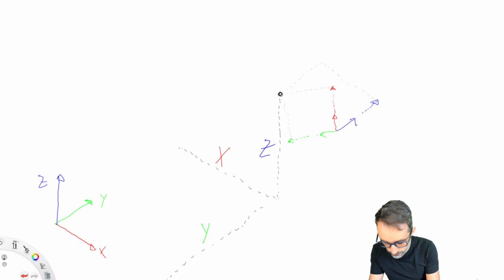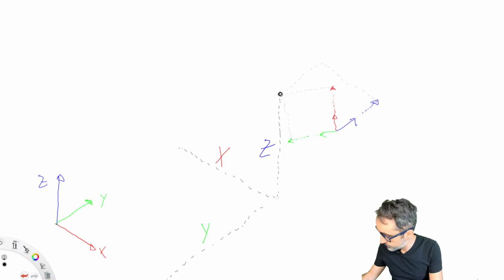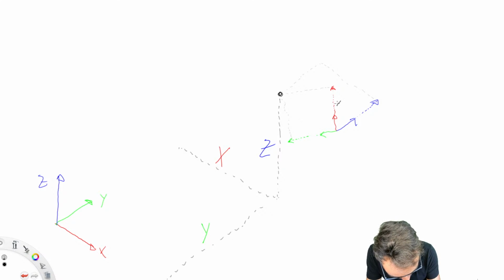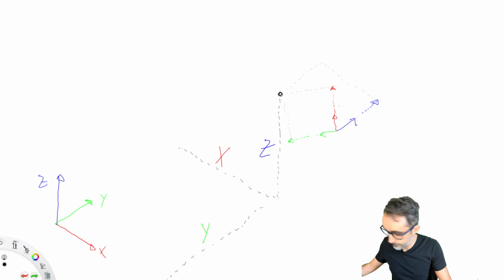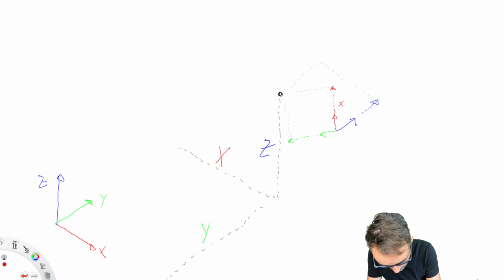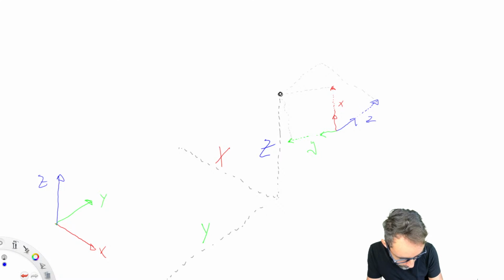So therefore, this would become small x. This will become small y. And this would become small c. Okay.